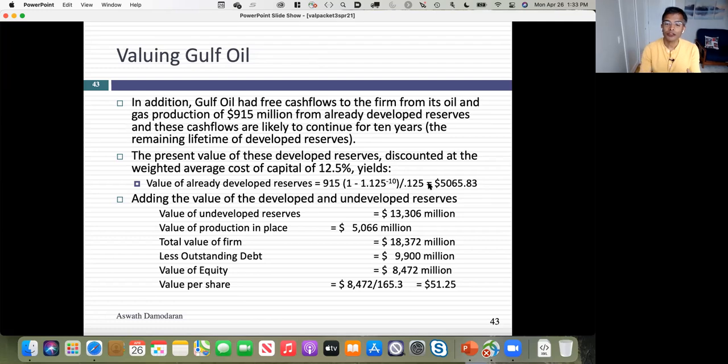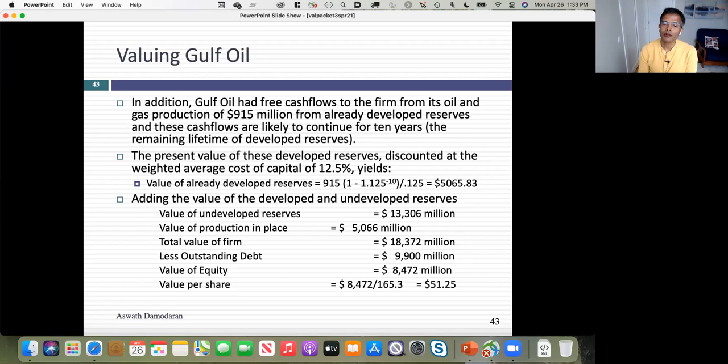So as with Biogen, if you ask me to value an oil company, I can take developed reserves, value them with a discounted cash flow model, take the undeveloped reserves, value them as an option, add the two numbers up, and come up with the value of the entire oil company. Take a company like ExxonMobil: 85 to 90% of its value comes from developed reserves, and 10% of its value comes from undeveloped reserves.